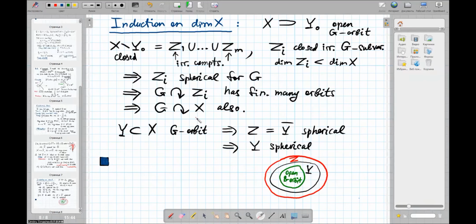What I'm going to prove next is a somewhat converse statement, that if you have a homogeneous space such that any open embedding of this space has finitely many orbits, then this homogeneous space has to be spherical. This theorem is deeper than the first one, and it will take me some time, maybe half of the next lecture, to prove it.